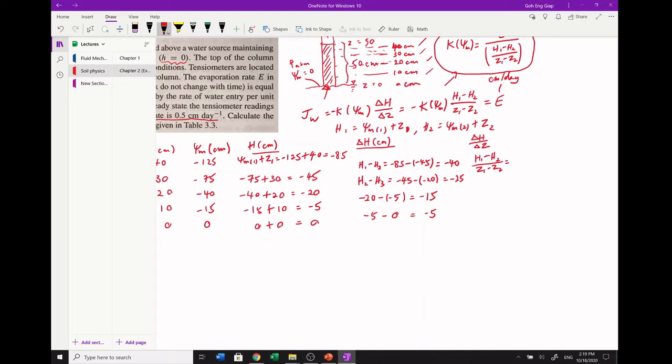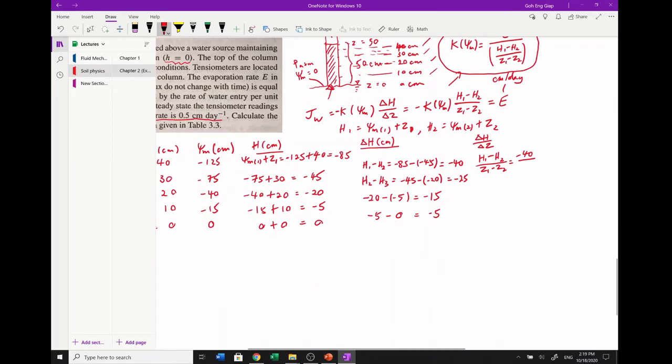So we get negative 40 divided by 40 minus 30, so we get negative 4. And here is H2 minus H3 over Z2 minus Z3, so we get negative 25 divided by 30 minus 20.